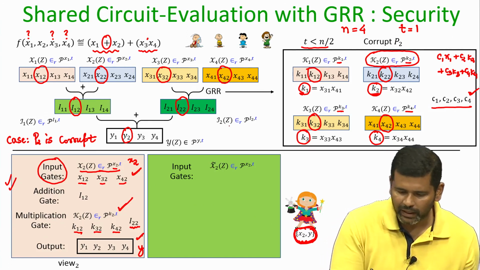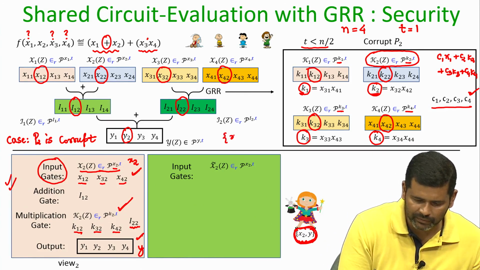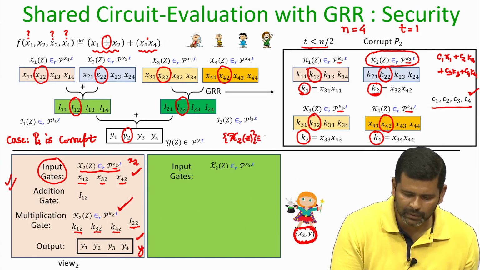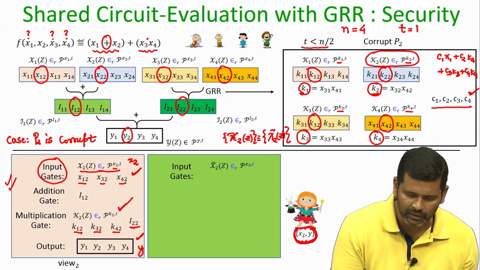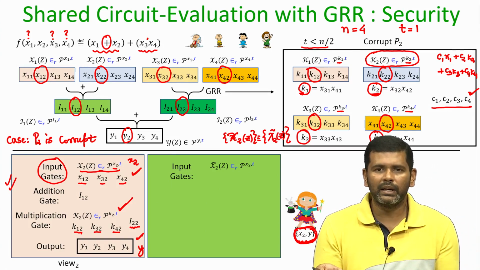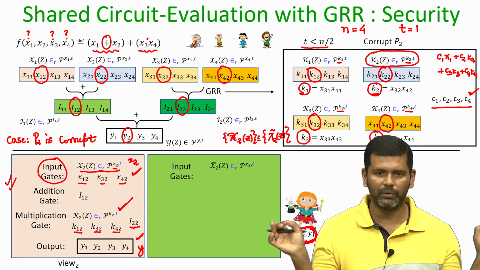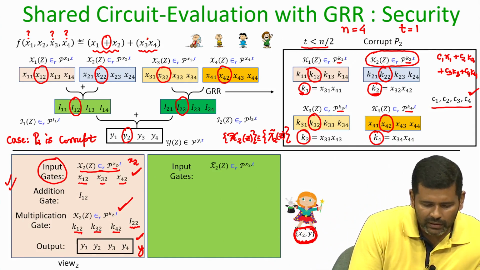And the obvious claim here is that the probability distribution of the polynomial x2, which is picked by the party P2 in the MPC protocol, is identical to this simulated x2 polynomial picked by the simulator, because both of them are a random t degree polynomial whose constant term is x2. Okay. So, their distributions are identical.